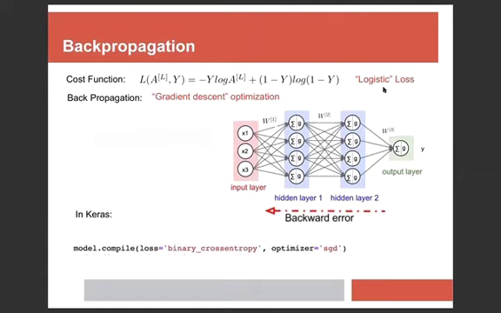We have the logistic loss here. Since this is binary, with only one output, it is a binary classification problem. The logistic loss in Keras is the binary cross entropy. And for the gradient descent optimization in Keras, it is represented as SGD. S is for stochastic and GD is for gradient descent.